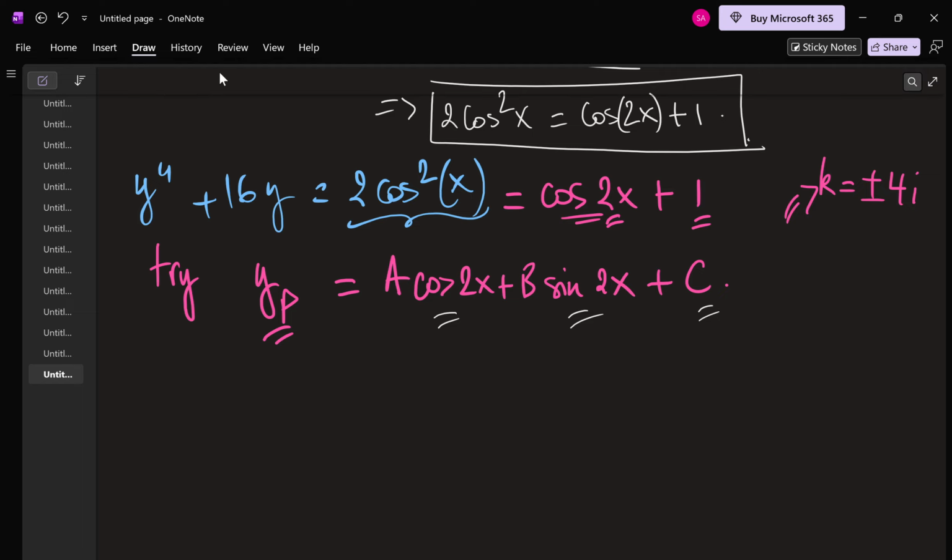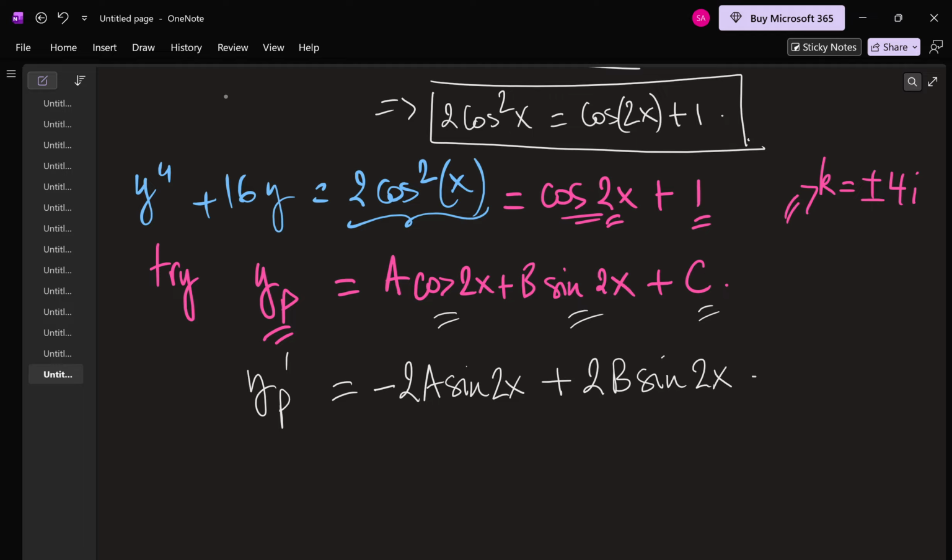This is y, so y prime, the derivative of cos would be minus sin, so minus 2a sine 2x plus the derivative of sine is cosine, plus 2b cosine 2x. The derivative of c is equal to 0.